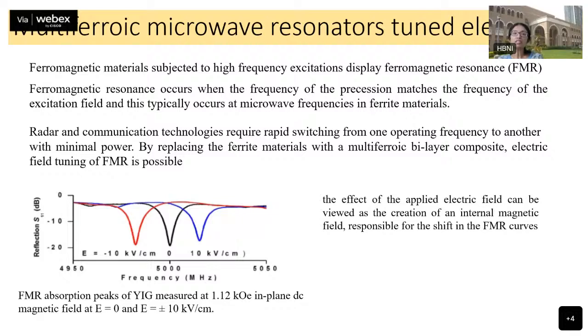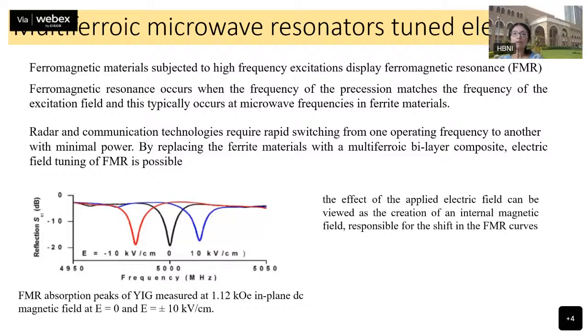Radar and communication technologies require rapid switching from one operating frequency to another with minimal power. If you replace these ferrite materials with a multiferroic bilayer composite, electric field tuning of this ferromagnetic resonance is possible.